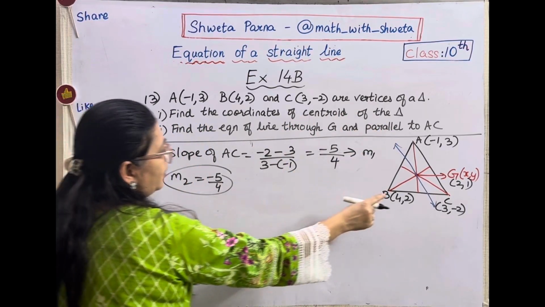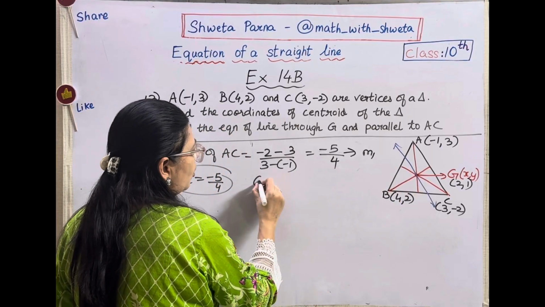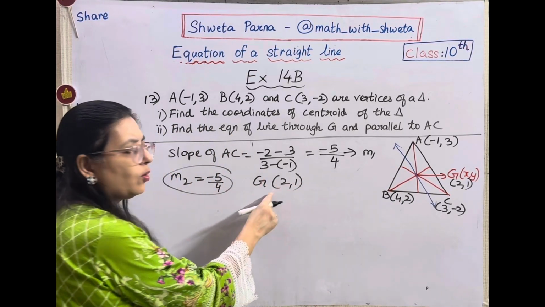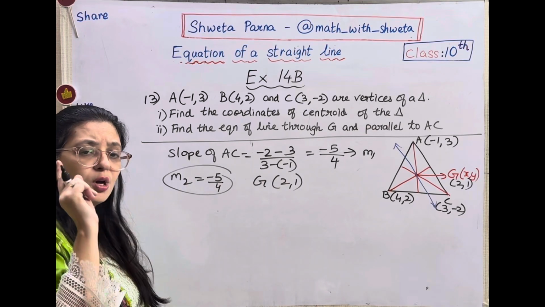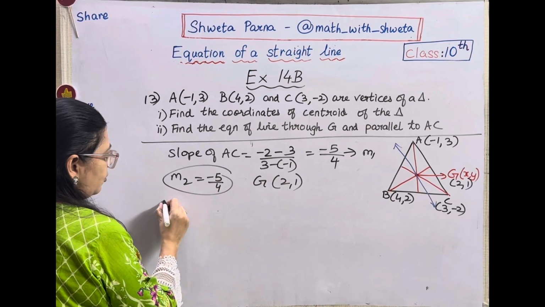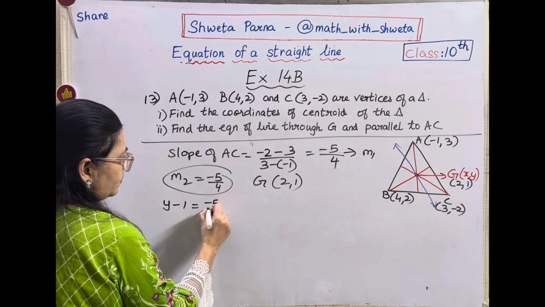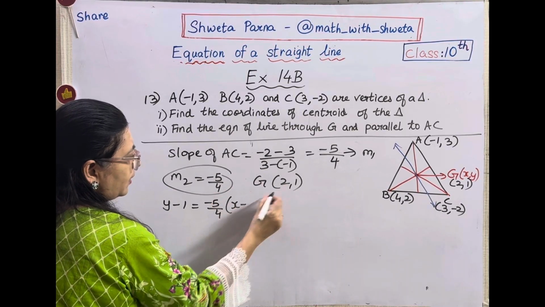Okay. And it is passing through point G. So the coordinate of G is 2, 1. Slope is given to you and a coordinate is given to you. So you will use the point slope formula. So y minus y1 is equal to m into x minus x1.